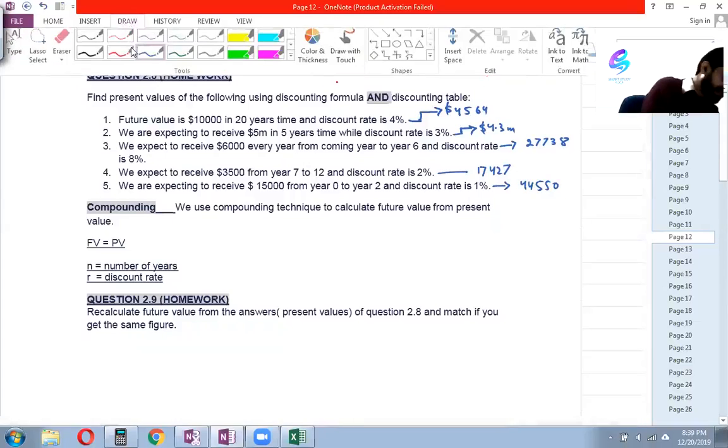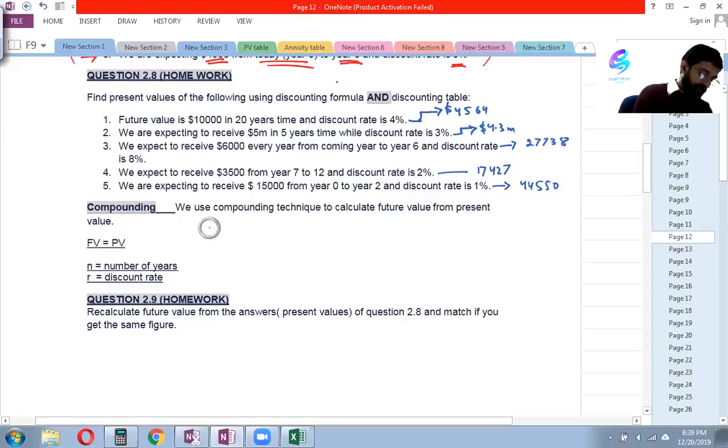There is only a slight difference. We use compounding technique to calculate the future value from the present value. So what's the formula? Future value is equal to present value, and then you multiply it with 1 plus r raised to the power n. You will not have the minus sign, and that's it. That's the difference, right? Rest, everything is the same.